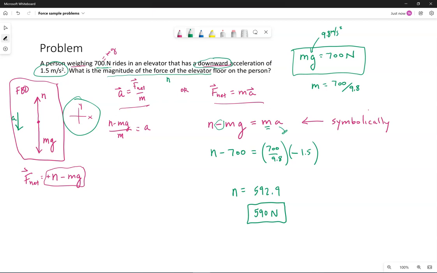So the only way to get that net force down is if mg is bigger than the normal force. So it's good to kind of reason through your answers and make sure they're making sense. So watch for the problem-solving technique as you go through these examples, and follow the technique as you continue working problems, the homework and practice.